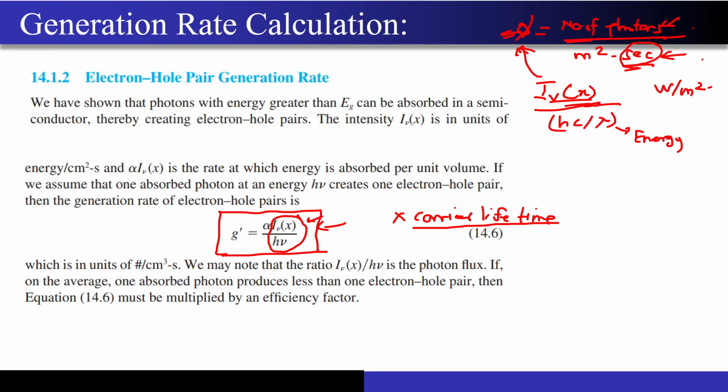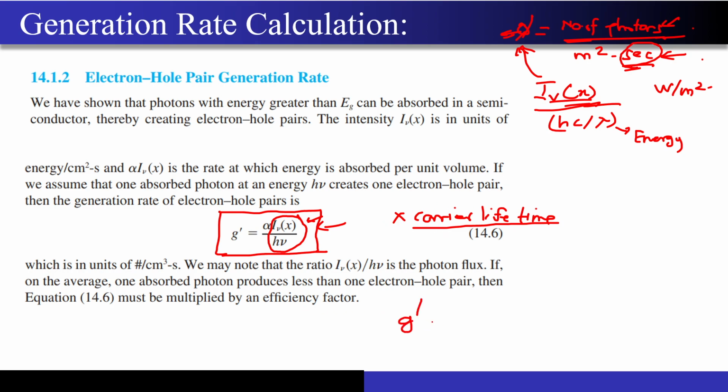I don't want them to recombine. If they recombine, then I won't be able to detect the light, and what is the use of having this kind of photo generation? I want to get these electrons out of the material so that I can at least convert that light energy into electrical energy, correct? That is why we are multiplying with the carrier lifetime over here.